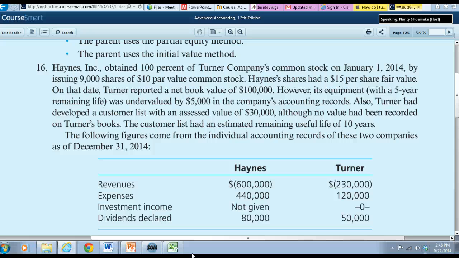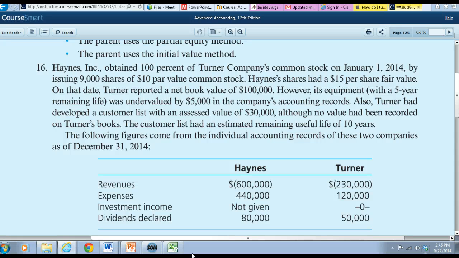Haynes obtained 100% of Turner Company's common stock on January 1st, 2014 by issuing 9,000 shares of $10 par value common stock. Haynes' shares had a $15 per share fair value. On that date, Turner reported a net book value of $100,000.